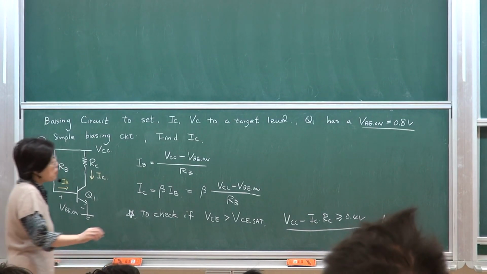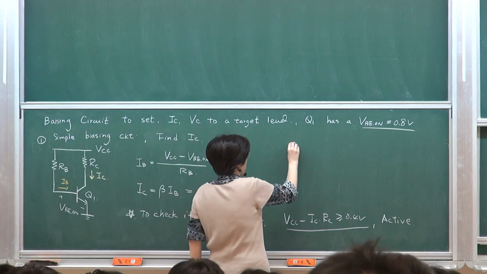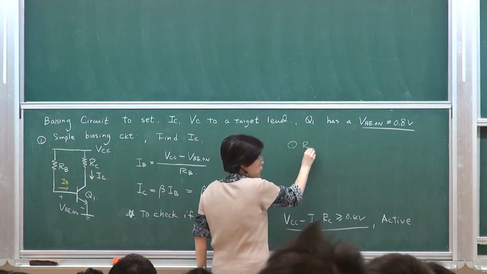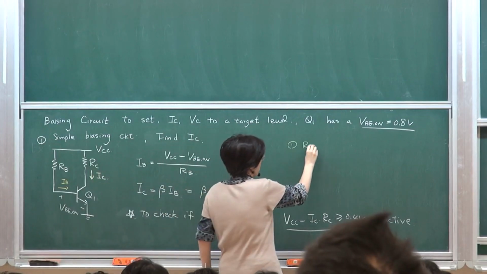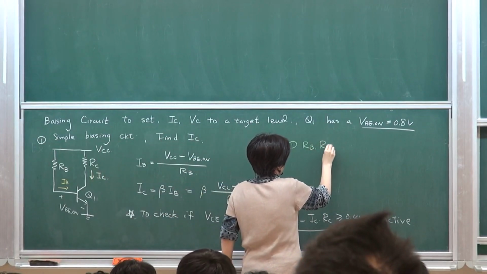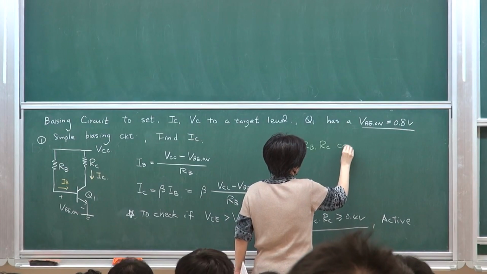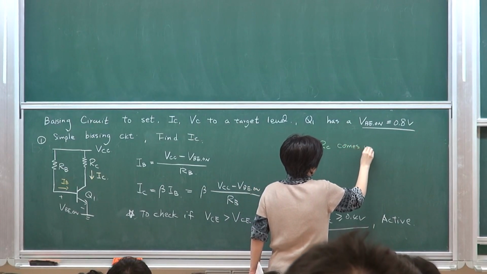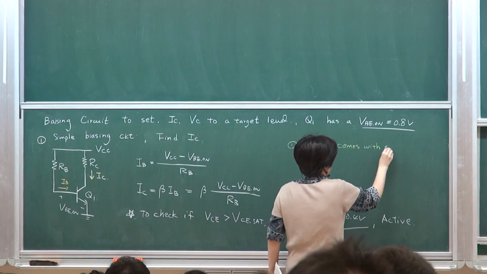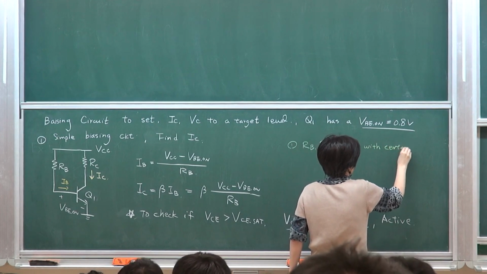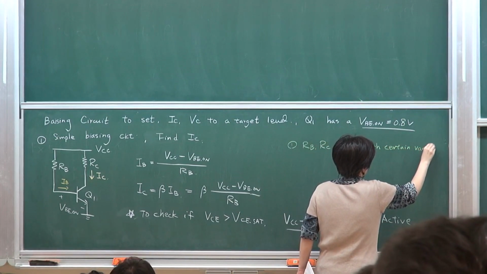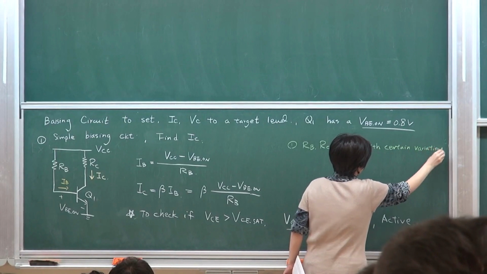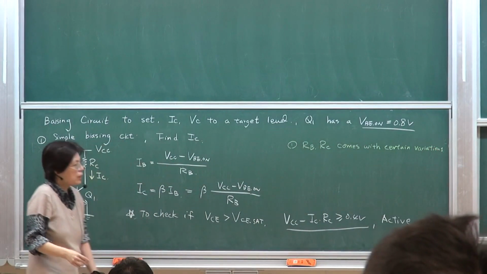One of the problems is that resistors' resistance values vary.